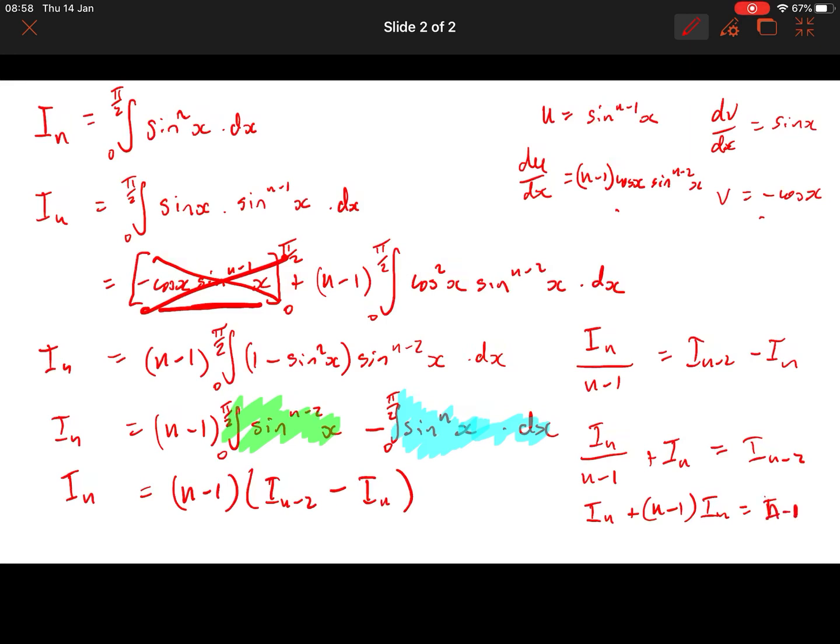If I expand that bracket, I of n minus I of n disappears. So I'm left with n I of n equals n minus 1 times I of n minus 2. Now divide both sides by n. I of n is equal to n minus 1 over n times I of n minus 2. And so there it is.